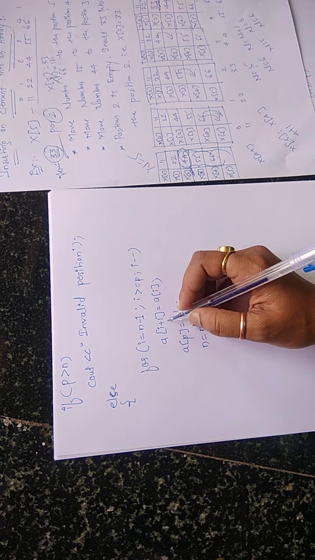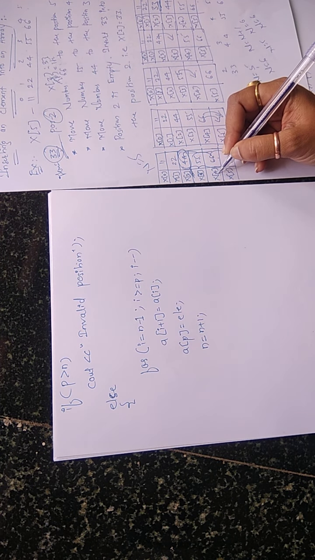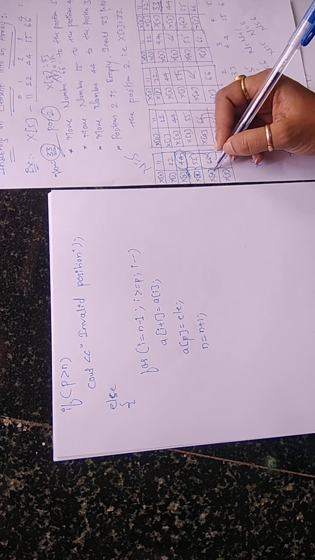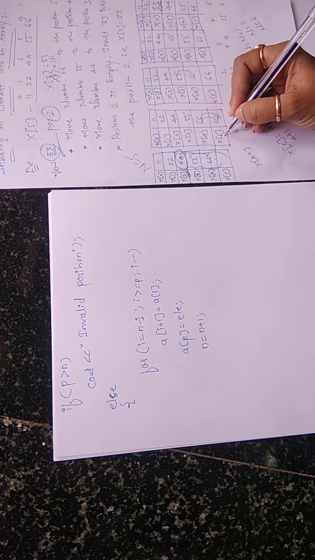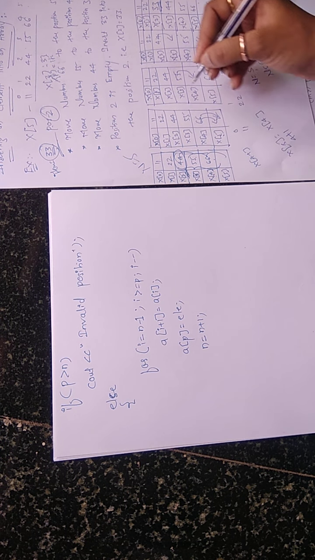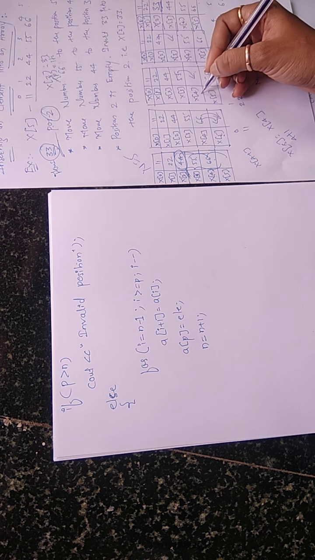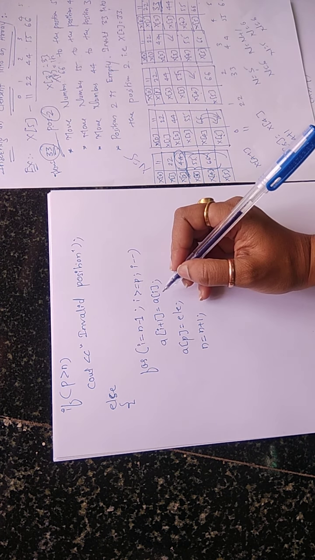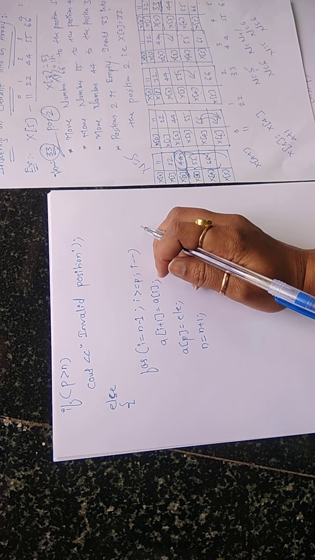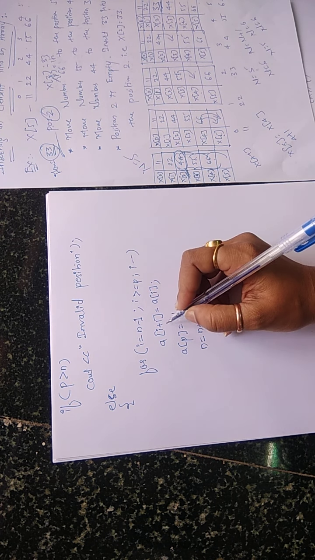Then what we are doing, we are shifting the A of I value into the A of I plus 1 position. So what was in A of 4 is now in A of 5. Next, what is in A of 3 is added in A of 4. Like that, each element in your A of Ith position, we have to shift to A of I plus 1.